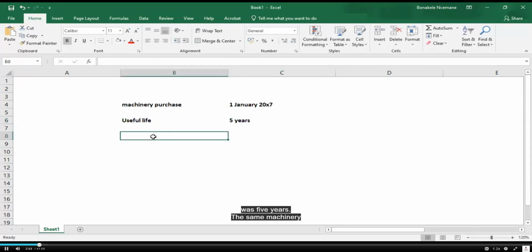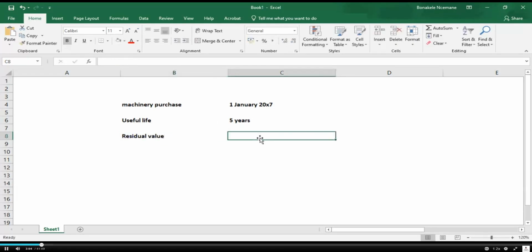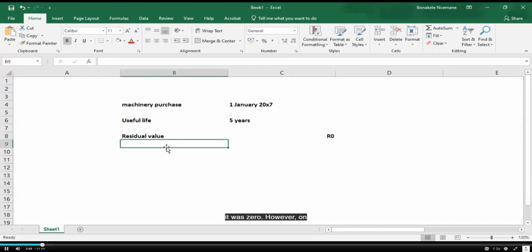The same machinery had a nil residual value. It was 0.